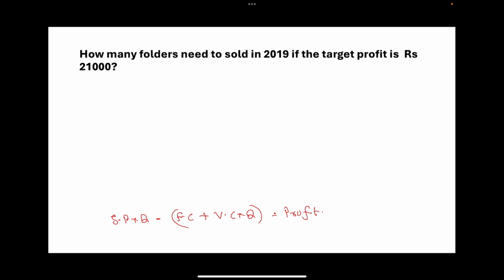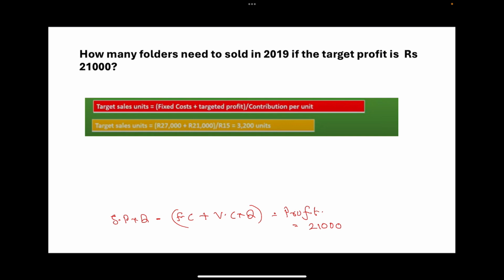Okay, so here the profit is given, that is 21,000. So we are going above the break-even level. So let us try to calculate it now. Here it is directly given as a formula, so it is better to look at it this way.